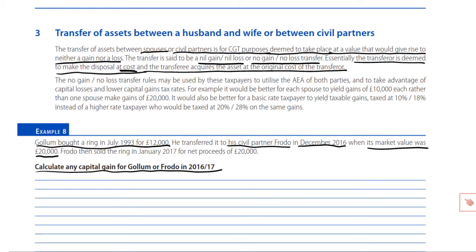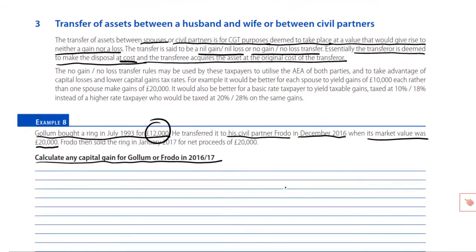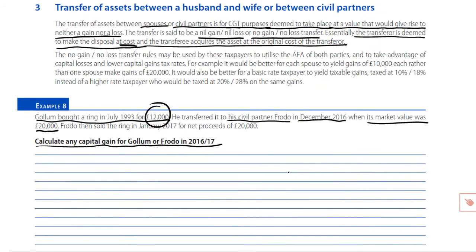We now, at that point, recognise this as a transfer between civil partners, so the transfer takes place for CGT purposes on a no gain, no loss basis, i.e. it is transferred at cost. So we ignore the fact that its market value is now 20, and we have a cost there of £12,000, and that is the figure that now we use.